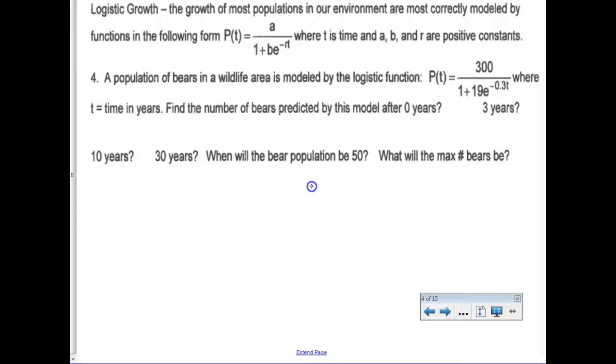At no point in your life do you have to know why it exists, how to come up with it, and you definitely don't have to memorize it. But this is the logistic growth formula. A, B, and R are positive real constants, and they've been calculated by someone who knows more math than me even. So no way do you need to understand where this is coming from.